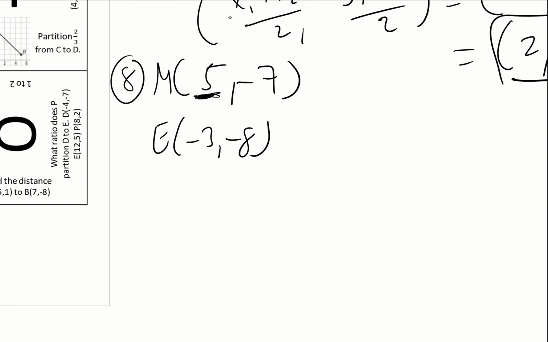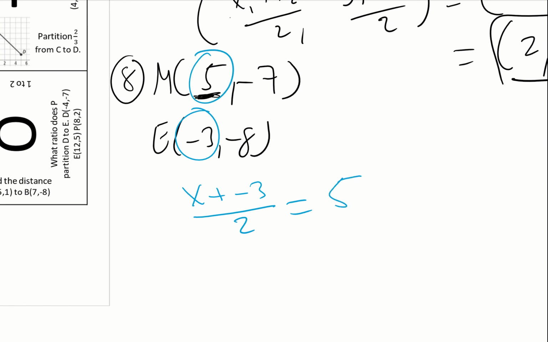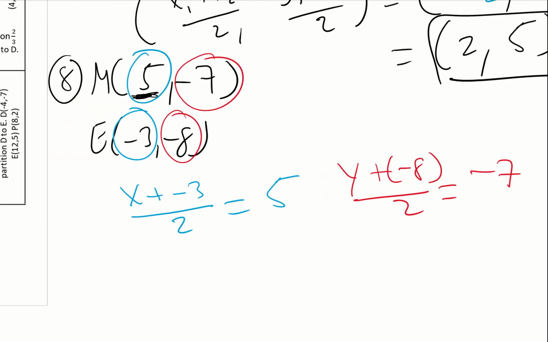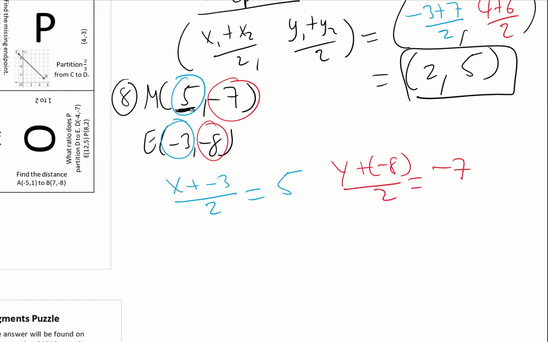So we have here x plus negative 3 over 2 has to equal the midpoint. And for the y, you're going to average the y, so y plus negative 8 divided by 2 is equal to negative 7. And that's how you set up the equation for the missing endpoint.